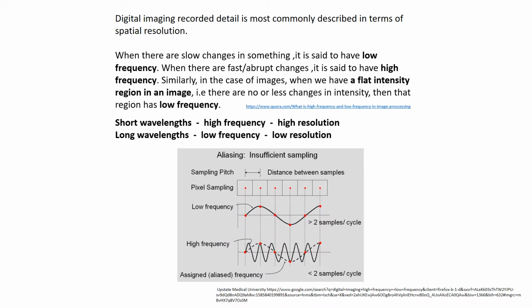So this would be an example down below. In your digital class, you're going to talk more about pixel pitch, sampling, and so forth. But when we look at this, here we've got a low frequency wave. And how do I know it's low frequency? It's got a greater wavelength. And you can see the computer, within a certain amount of time, is looking at certain points on the wave.